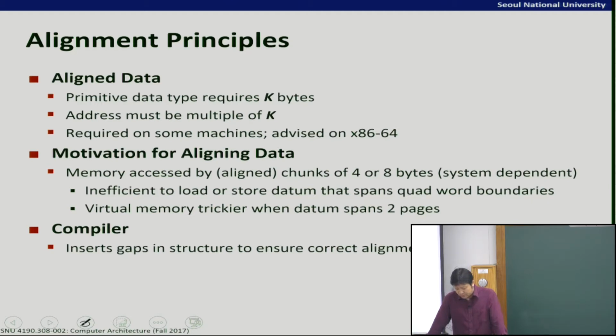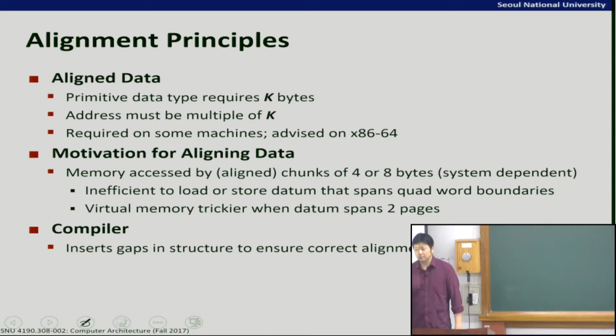virtual memory becomes trickier if your data spans two pages. I'm going to get to virtual memory at the end of the semester. But virtual memory means you divide your entire memory space into fixed-size chunks, like 4 kilobytes, and that's called a page. You load pages from the disk, and you store pages back to disk from memory. They swap those pages between disk and memory.